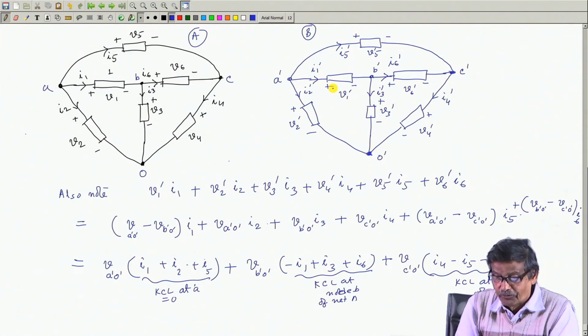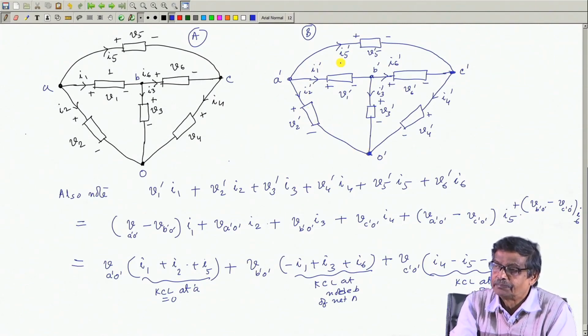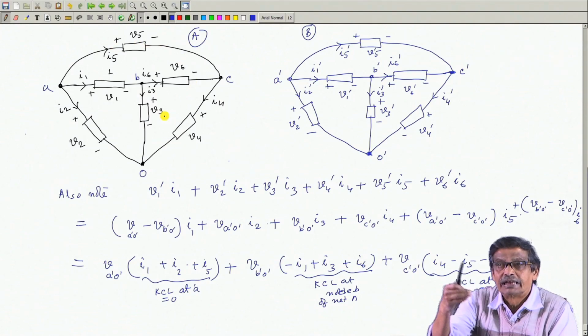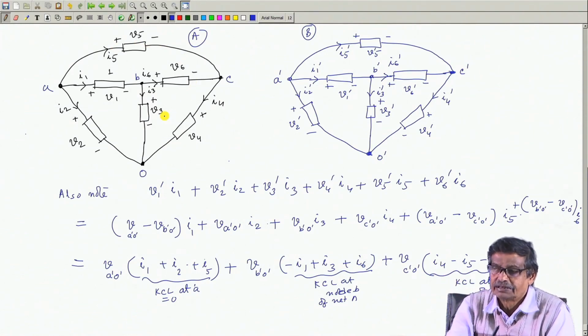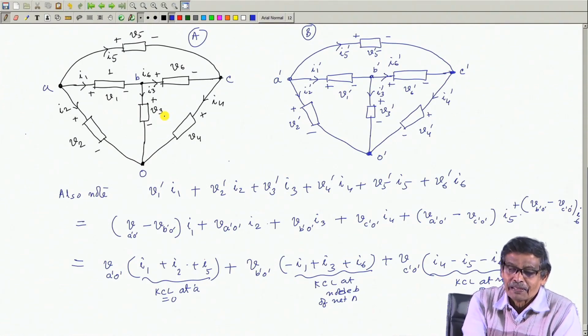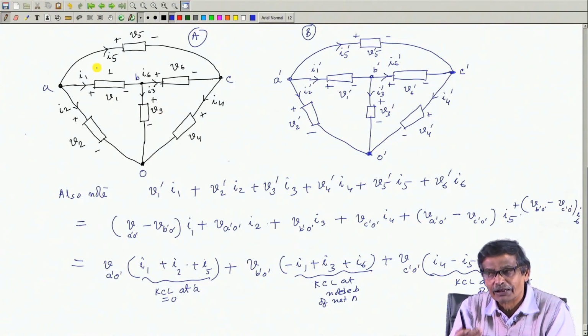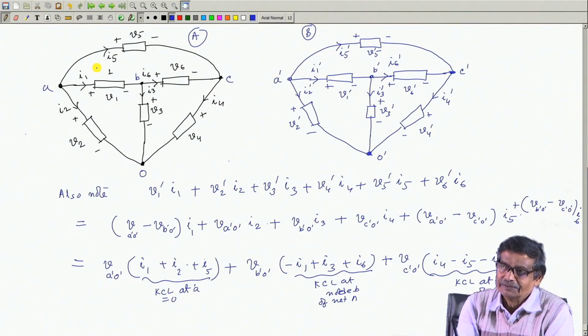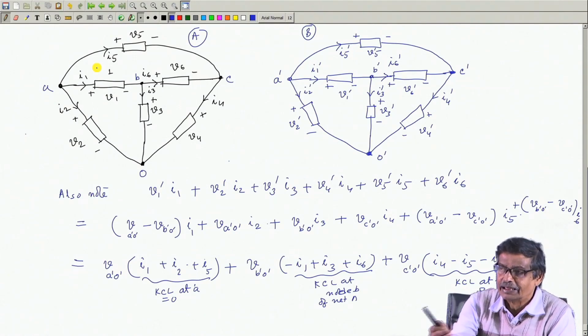you take the voltages of this network at say some time, say T 1, all the voltages I have taken, and the current values of this network I will take at some different time, say T 2, still this will hold, simply because KCL is satisfied at all times. It is not like it is satisfying now and then it is not.